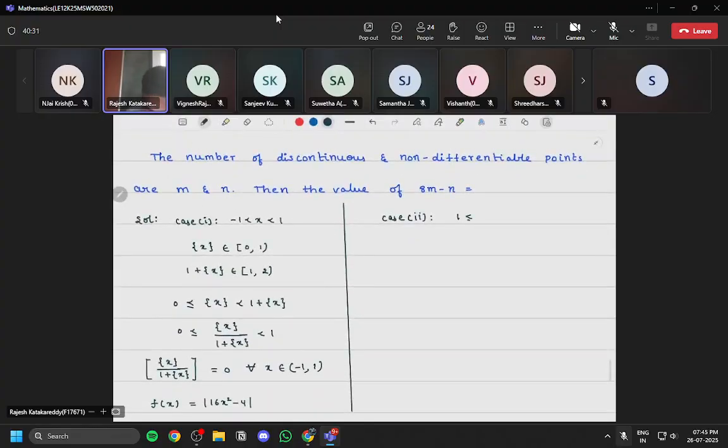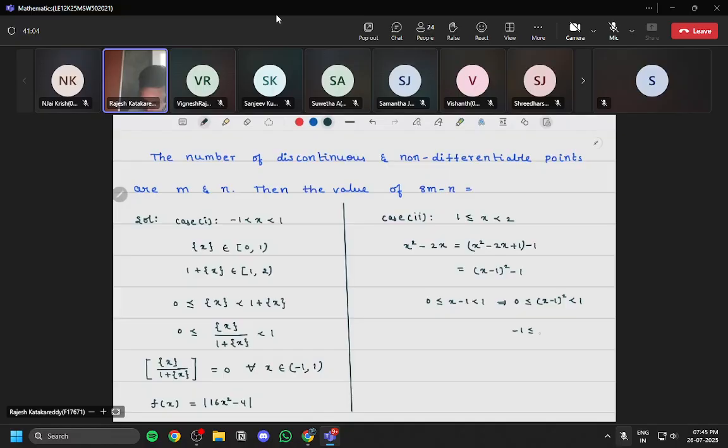So now, in this case, what is the interval? 1 ≤ x < 2 here. So x² − 2x can be written as x² − 2x + 1 − 1. So 0 ≤ x − 1 < 1. Squaring, 0 ≤ (x − 1)² < 1.